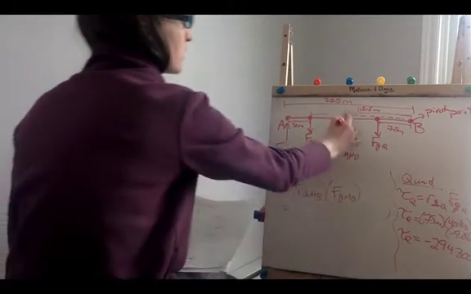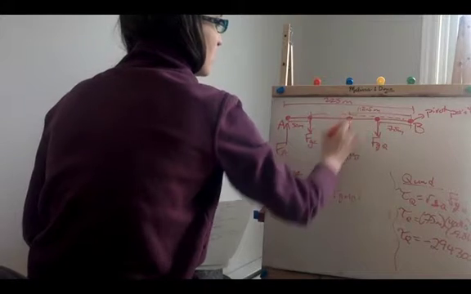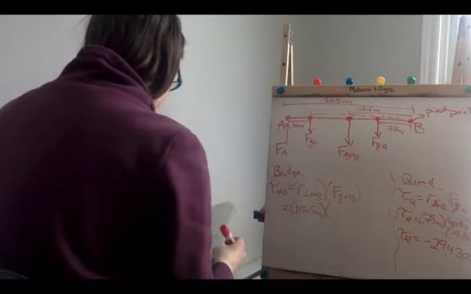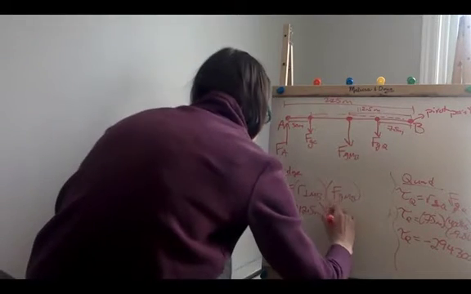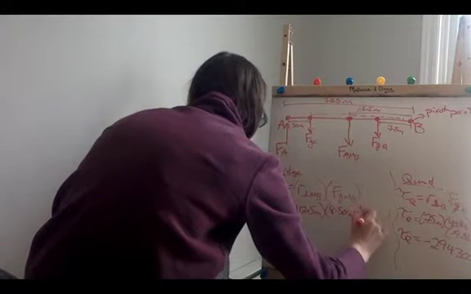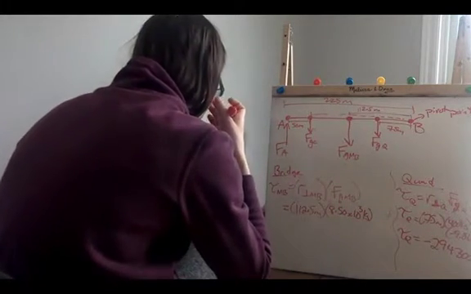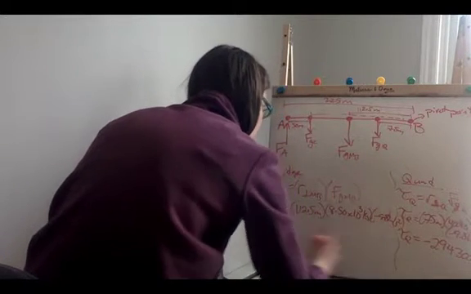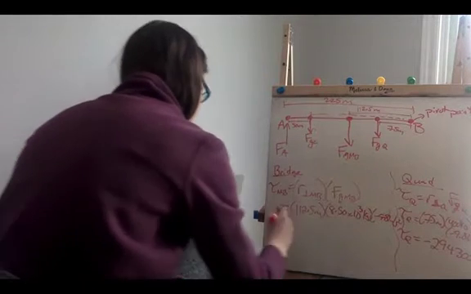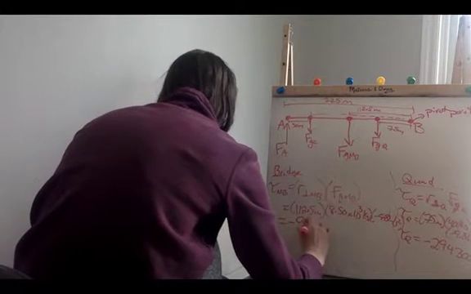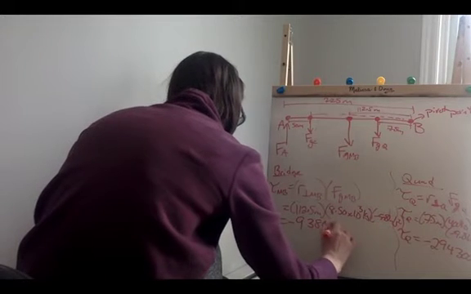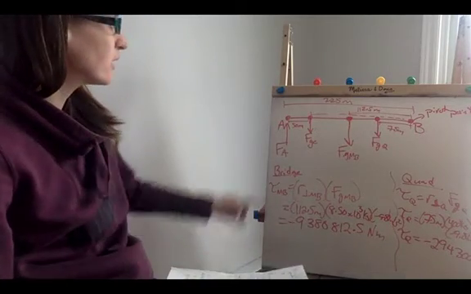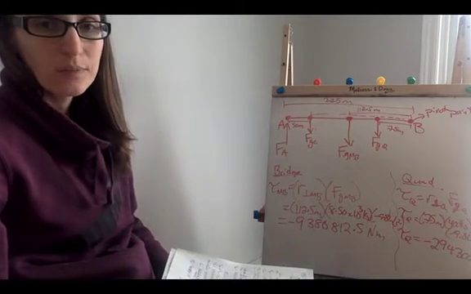In that case, the distance from the pivot point to the center of mass of the bridge will be 112.5 meters multiplied by the mass of the bridge, which was 8.50 times 10 cubed kilograms multiplied by our negative 9.81 meters per second squared. So the torque of our Morrissey bridge ends up equaling negative 9,380,812.5 Newton meters.